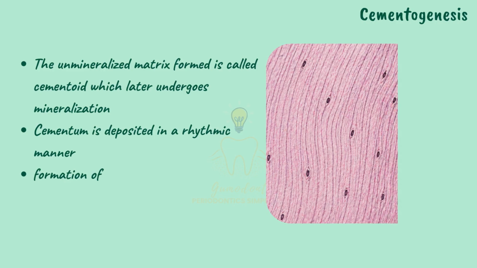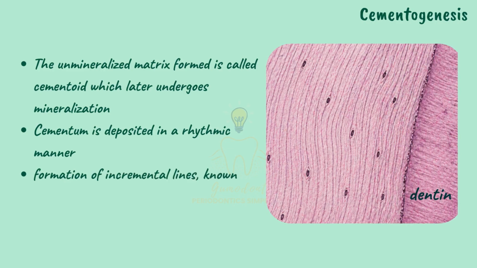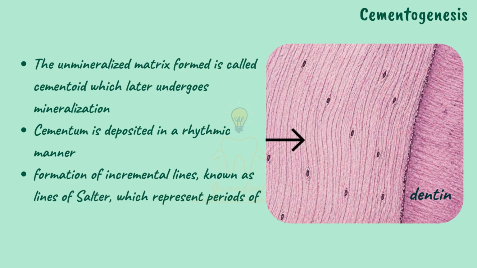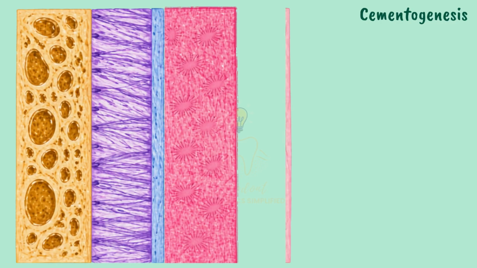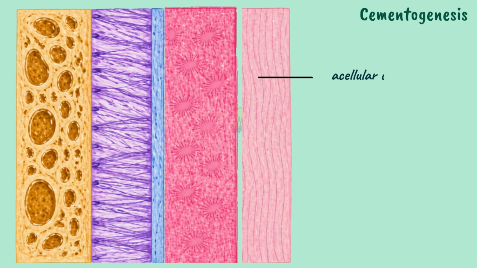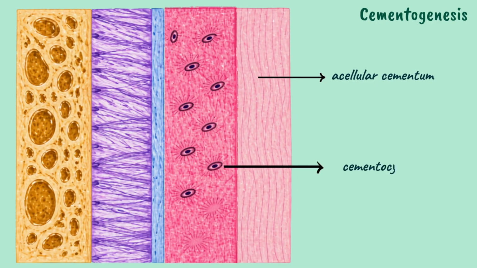This results in the formation of incremental lines known as lines of Salter, which represent periods of activity and rest. The first formed layer of cementum is known as acellular cementum. If cementoblasts get entrapped within the matrix, they become cementocytes, and these are present in lacunae and help in maintenance of cementum.